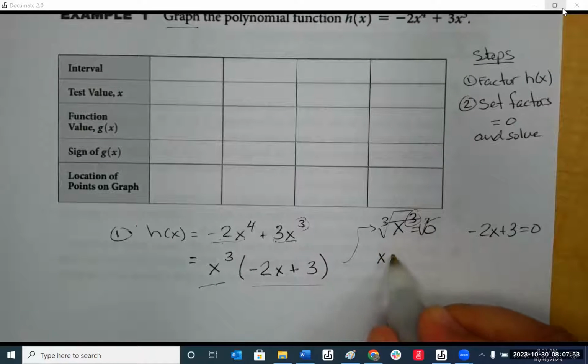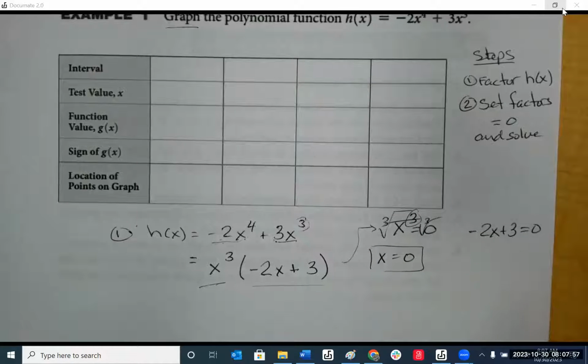The cube root of 0 is 0, so x equals 0 is one of my solutions, x-intercepts. For the other one, since it's negative, I'll add 2x to both sides and divide by 2. So x is equal to 3 over 2. That's my second x-intercept.